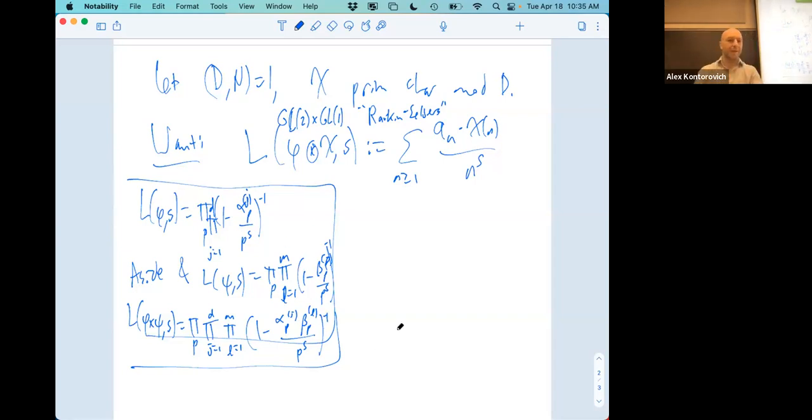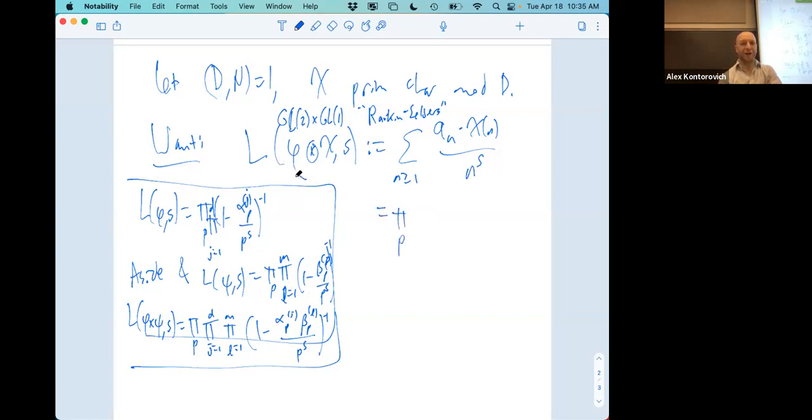So in this baby case that I was talking about, what are the GLs? Okay, so the baby case, phi is GL2 because it's a degree 2 L function. You're taking the product with chi, which is GL1, it has a degree 1 L function. And so this Euler product should be a product.